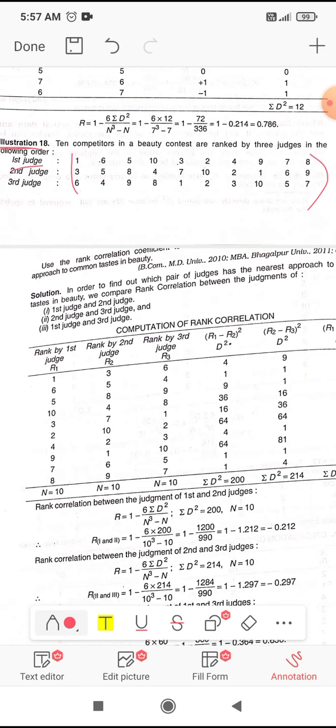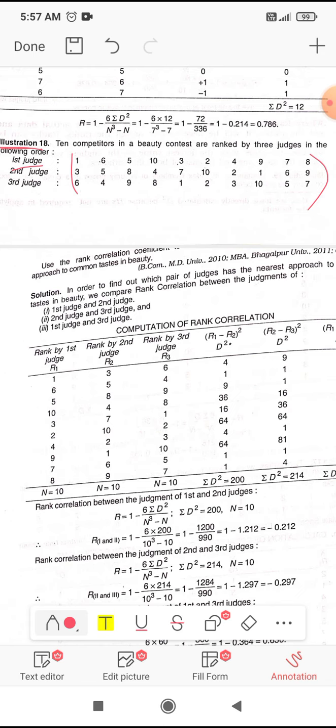We have to use the rank correlation coefficient to determine which pair of judges has the nearest approach to a common taste in beauty. So we have to find the pair. Which pair of judges has the nearest approach?